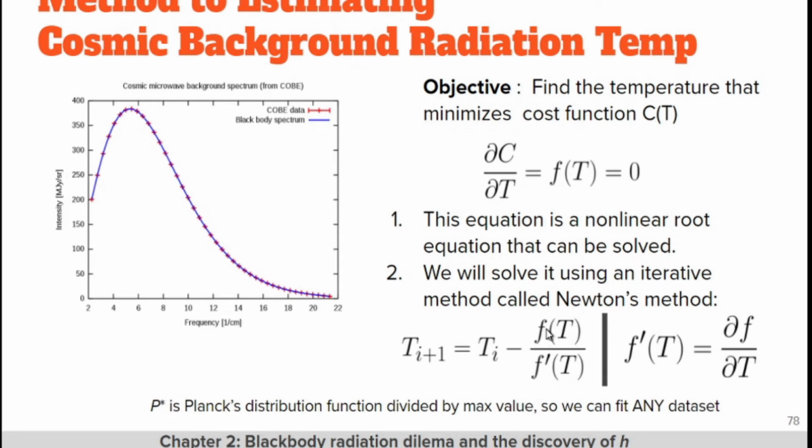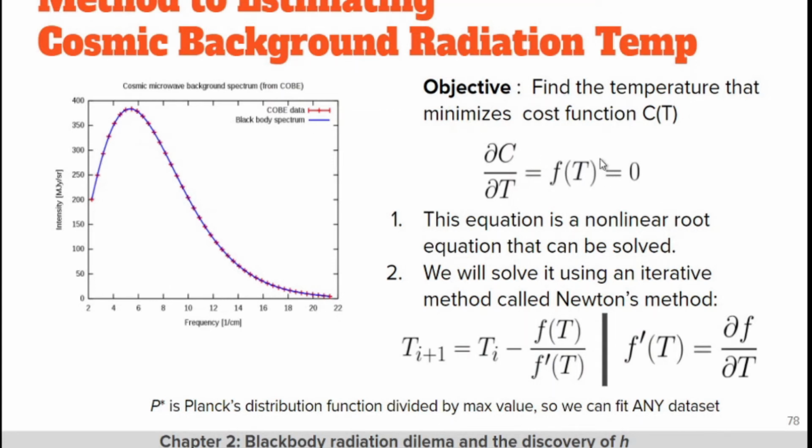This function up here is f of t, divided by its derivative, and that's what this f prime is denoting, the derivative with respect to temperature. So T minus f of t divided by f prime of t. This is Newton's formula, and this f prime of t is the derivative of this function. That means it's the second derivative of the cost function, which is the first derivative of f.